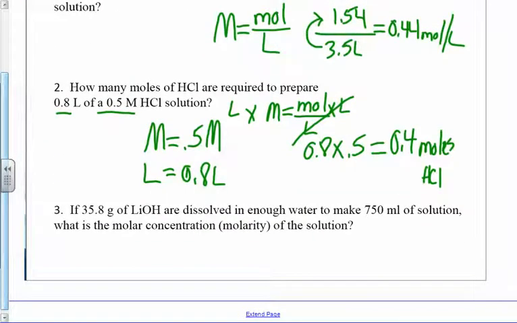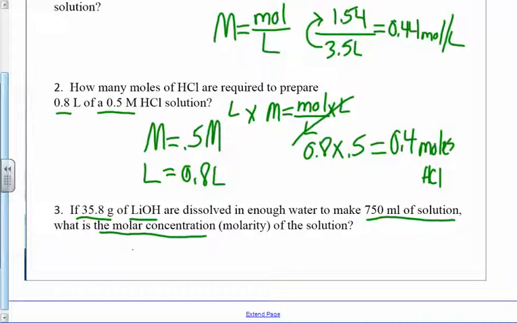And so number 3 is a little more difficult, because we're given grams. We're given 35.8 grams of lithium hydroxide. And so we're going to need to dissolve that into water, and we want to make 750 milliliters of solution. So what is the molar concentration? What's the molarity? We have to do a little backtracking.